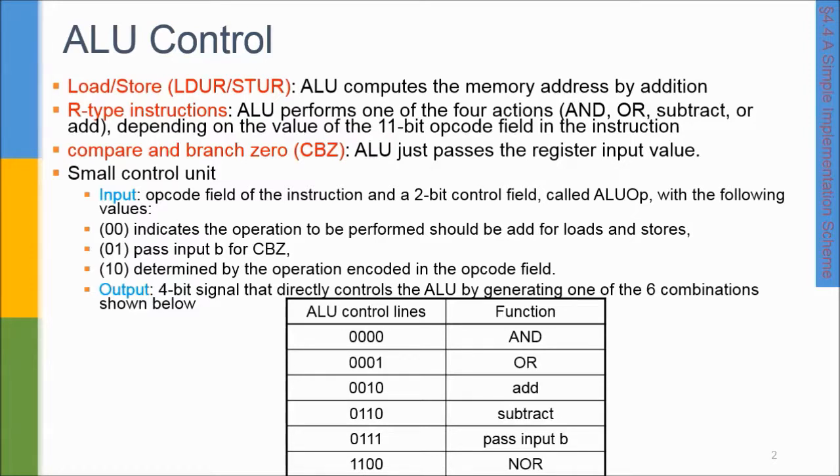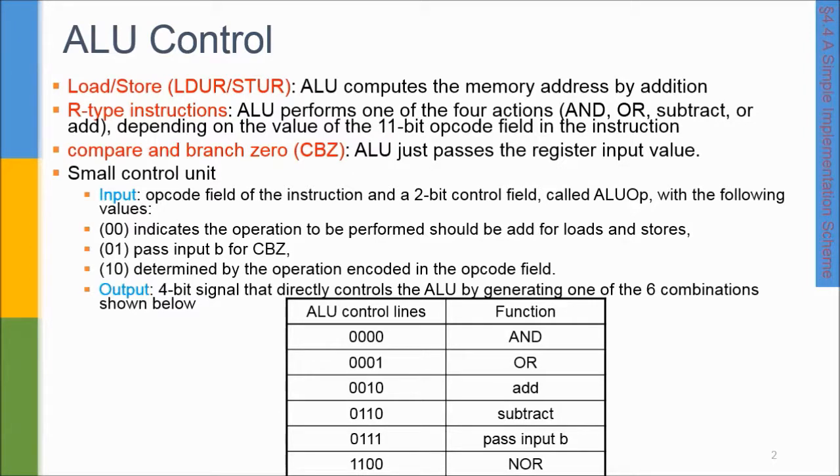When control lines are 0001, it performs OR. When control lines are 0010, the add function is performed. With 0110, the subtract function is performed by the ALU, and when the control lines are 0111, the pass input B function is performed by the ALU.